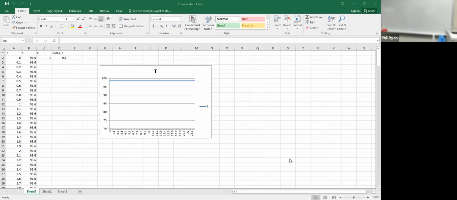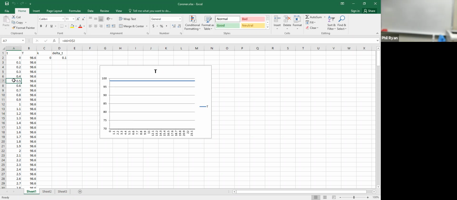So we're going to model the scenario here. What I've done is I've set up an Excel file. What you see here is a grid of points.